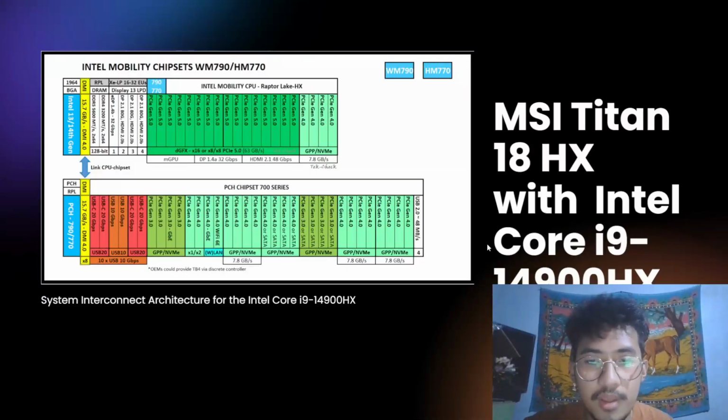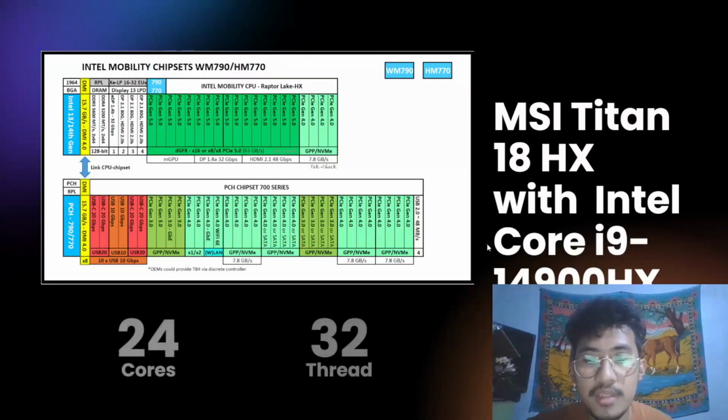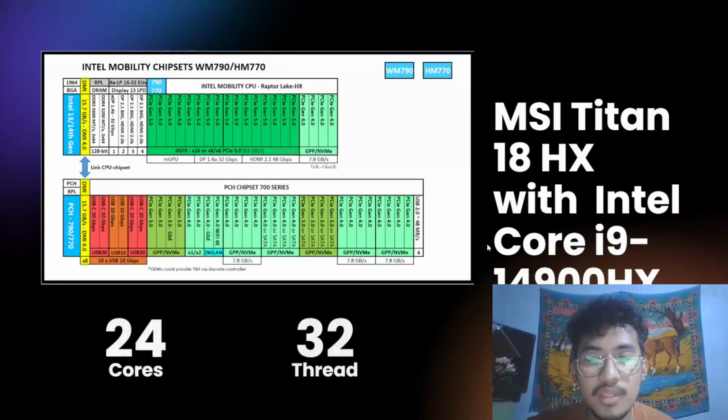That complex architecture leads us to these massive numbers, which are 24 cores and 32 threads. However, because this is the MSI Titan 18HX, these aren't just 24 regular random cores. This represents a heterogeneous organization.